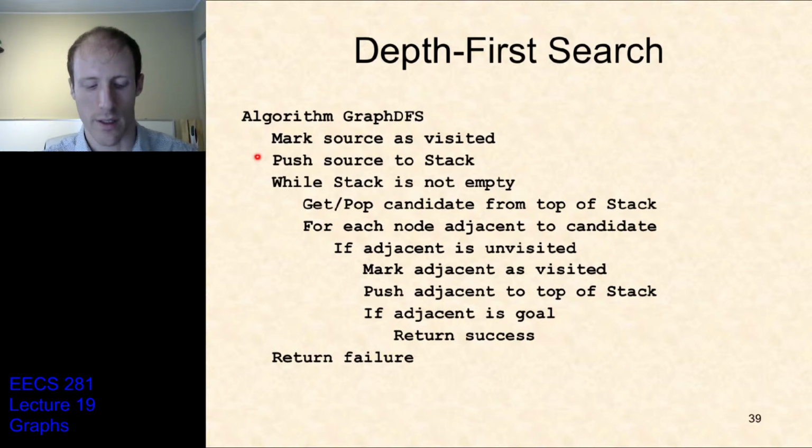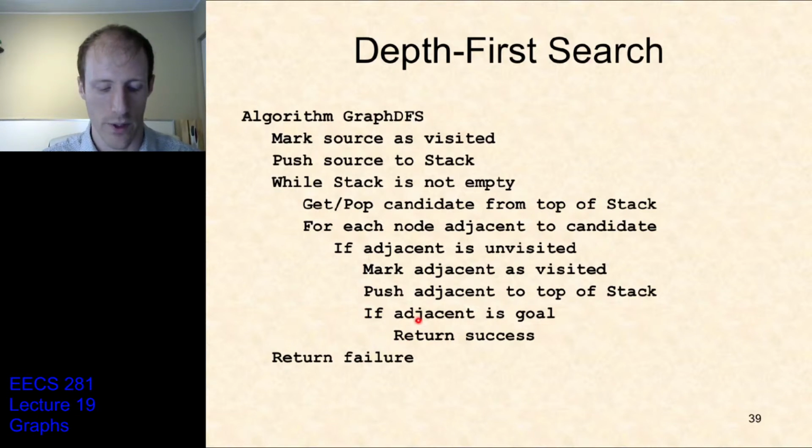Then we're going to push it onto the stack. And then while the stack is not empty, we're going to pop the next candidate from the top of the stack. And for every one of its neighbors, if that neighbor has not yet been visited, we will mark it as visited and push it into the stack. And then if the neighbor is the goal, we will return here.